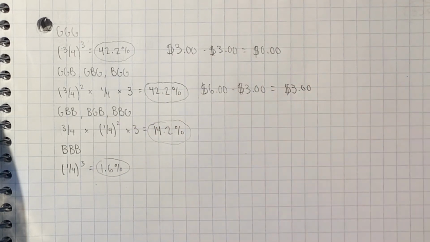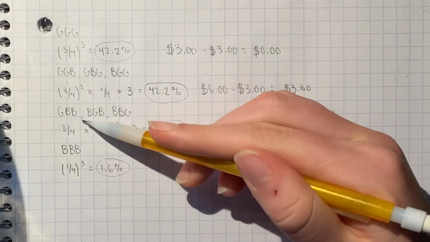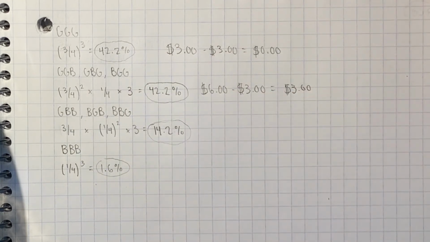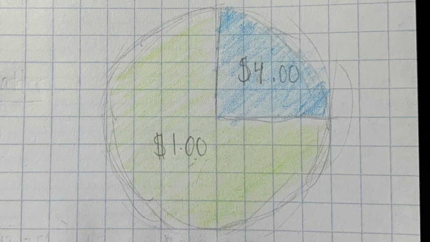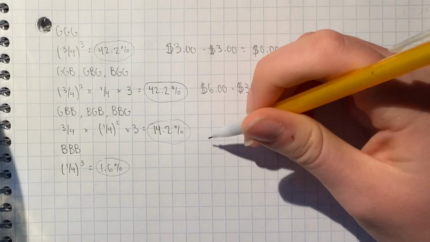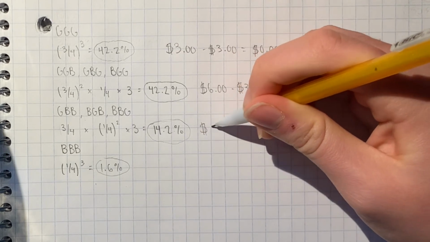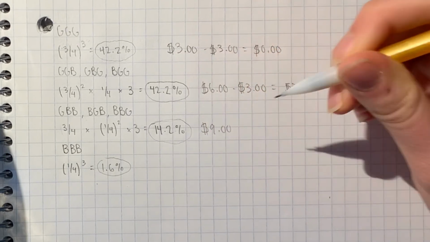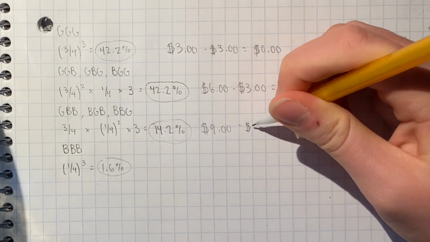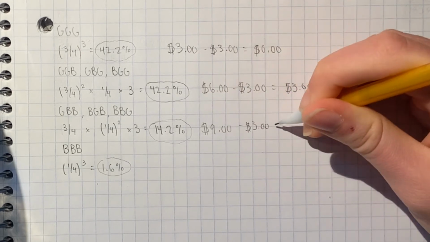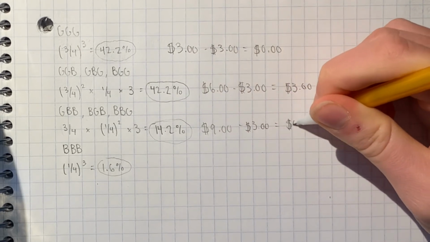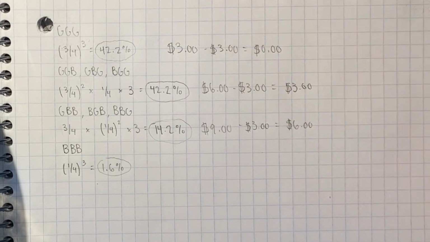Now let's try 1 green and 2 blue. Go back to over here. That's $1 plus 4 plus 4. That gets you $9. So that's more. That's good. $9 minus $3 gets you $6. Wow. Okay.